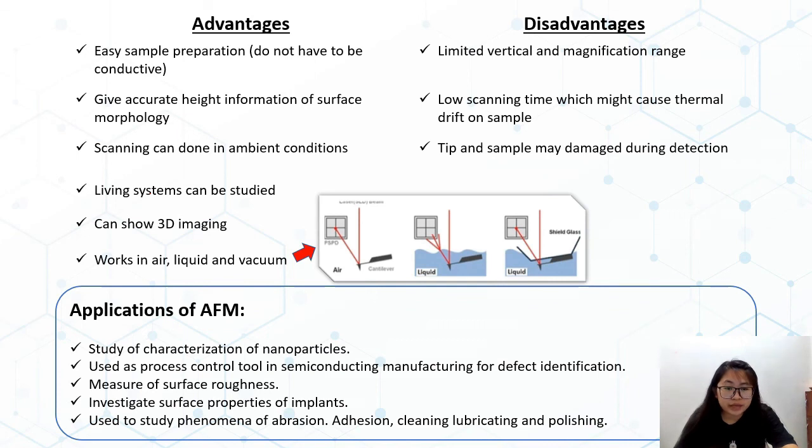Furthermore, AFM can measure surface roughness. Besides, it can also investigate the surface properties of implants. Last but not least, AFM can be used to study the phenomena of abrasion, adhesion, cleaning, lubricating, and polishing.